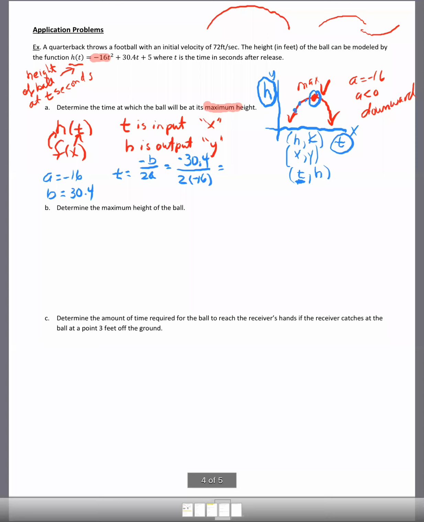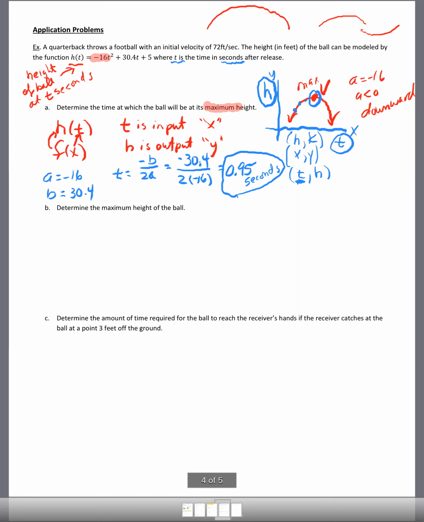And I got a value of 0.95. Running back up to the problem, I know that t is measured in seconds. So 0.95 seconds. This is going to be my value for how long it takes for the ball to reach its maximum height.